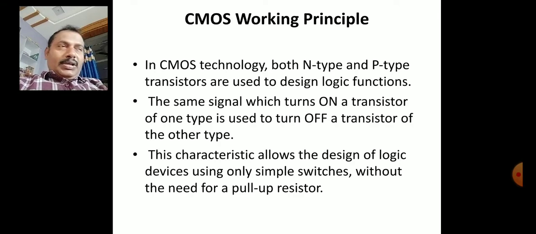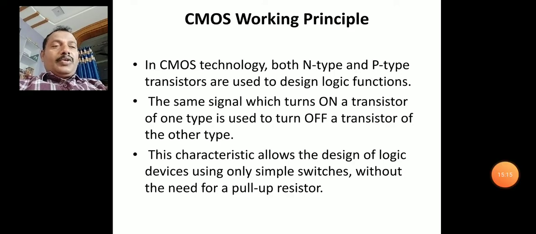For example, with NMOS and PMOS, if one is turned on, the other will be off. That is the idea. This characteristic allows the design of logic devices using only simple switches without the need for pull-up resistors. There is no requirement of pull-up resistors here.